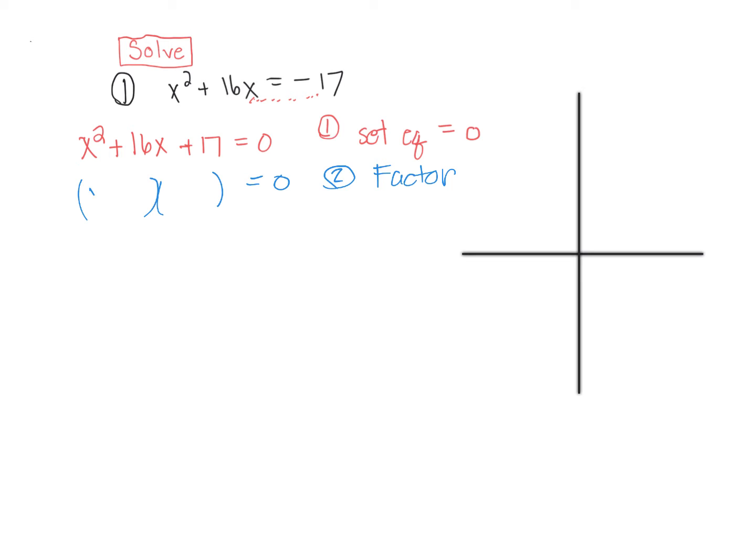So our factors are x plus 16 and x plus 1. Now, after we factor, what we're going to use is that zero product property.